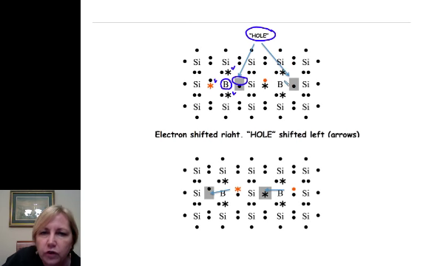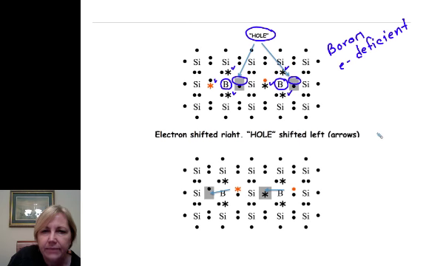And so I just showed 2 of them here for the sake of demonstrating it. So instead of having the 4 that normally surround, it's got these holes or gaps because boron is, you could think of it as being electron deficient in terms of this structure. Okay? So hopefully that makes sense.